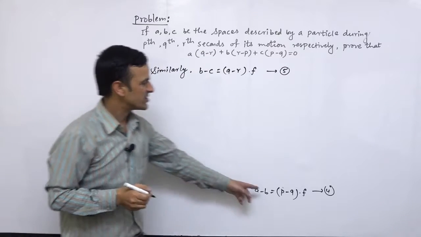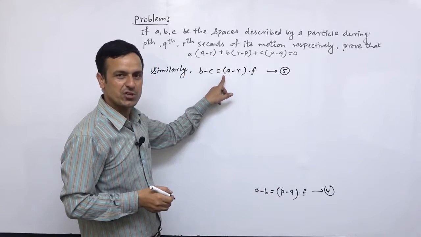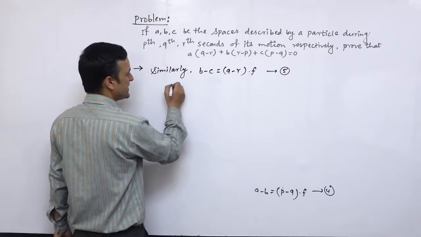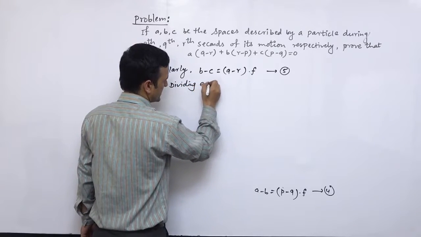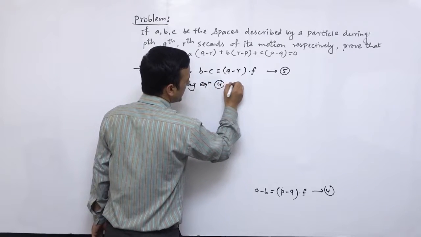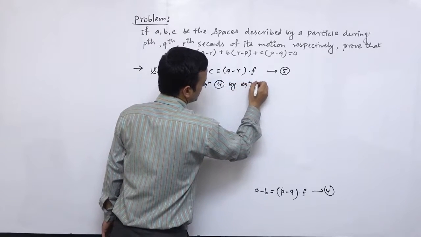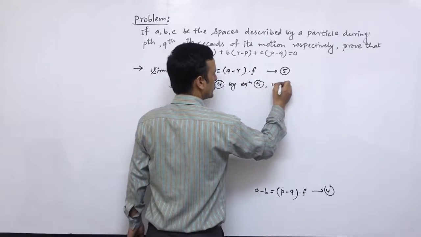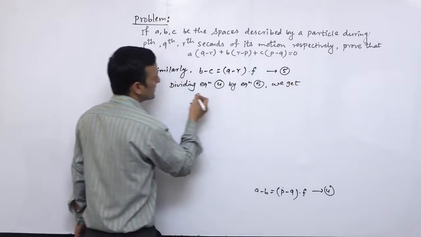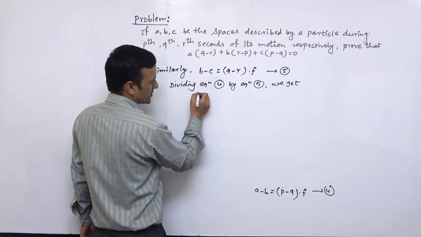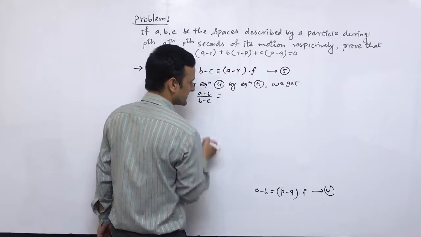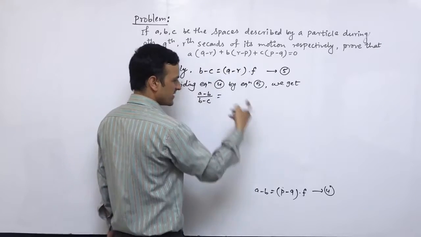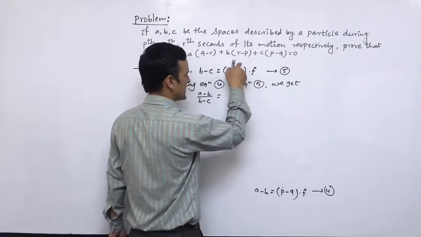Now dividing this equation and this equation. So dividing equation 4 by equation 5, then we get A minus B divided by B minus C, this divided by this, and this divided by this.